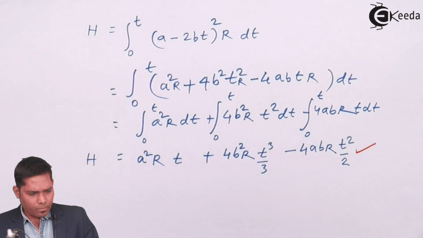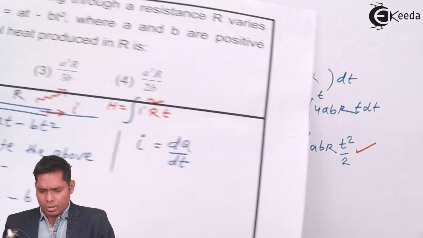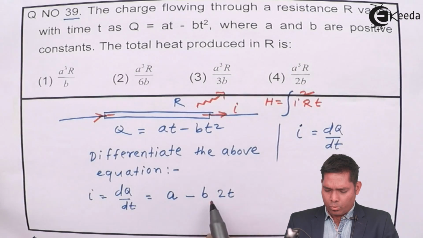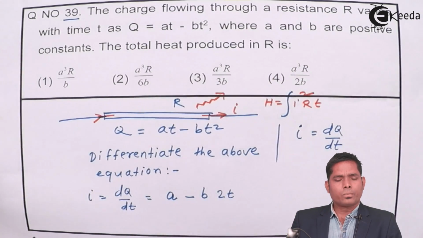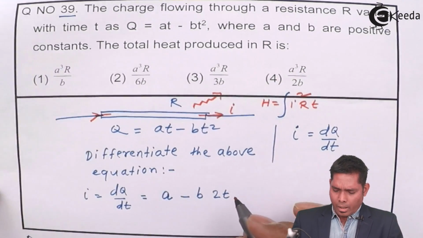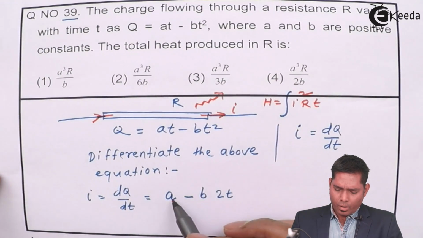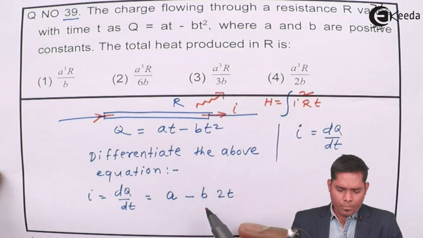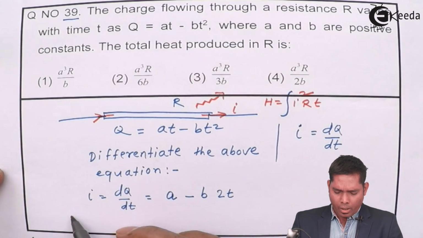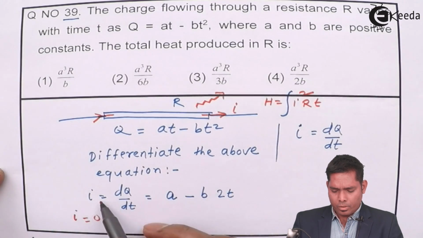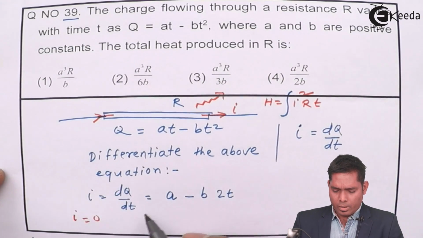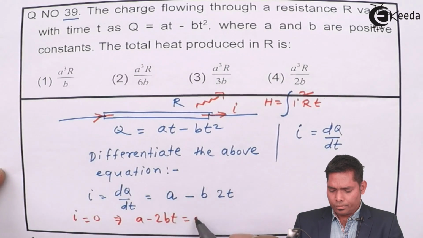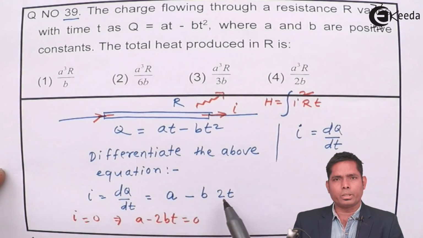How to eliminate t? If you see this one, I equals a minus 2bt, then from here I can find t in the form of a and b. If I put I equals 0 here, then a minus 2bt is 0.